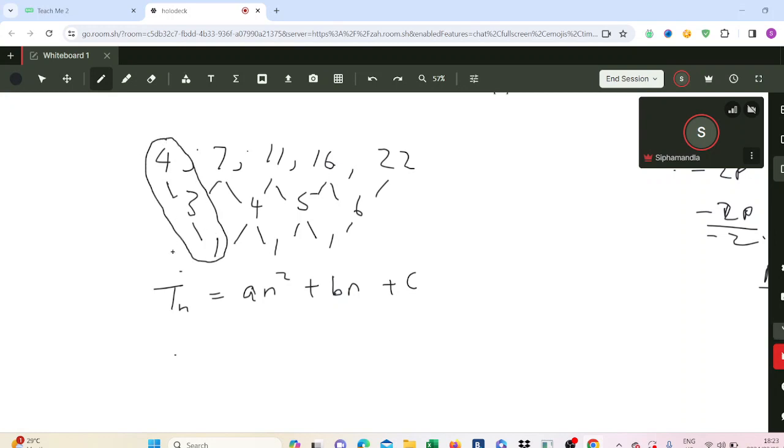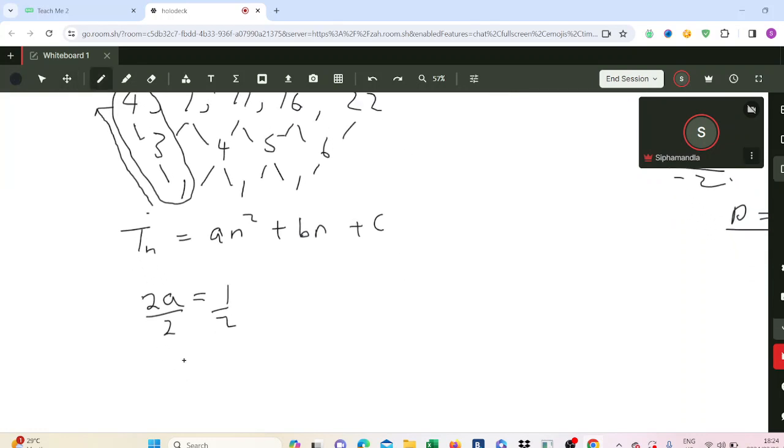You always use these numbers, and to solve, you start from the bottom to the top. You start by saying 2a, which is the formula. 2a is always equal to the second difference. So the second difference here is 1. So 2a would be equal to 1, and then we divide by 2 on both sides, and we will have a being equal to 1 over 2.